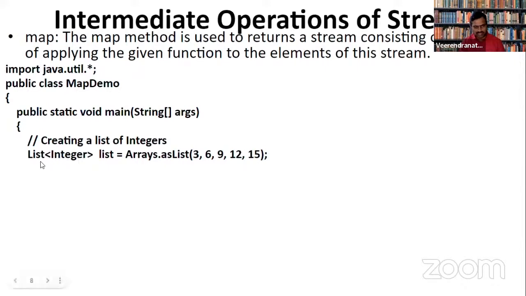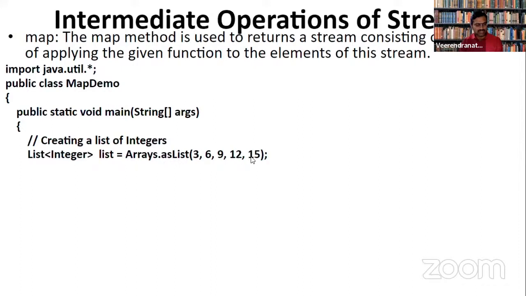As I've said, list is an interface, so you cannot say new List. That will not be helpful for us to create the list. So we use Arrays.asList(3, 6, 9, 12, 15).